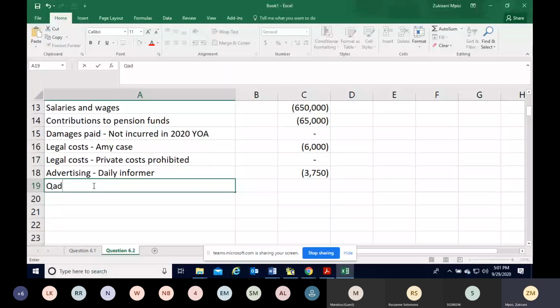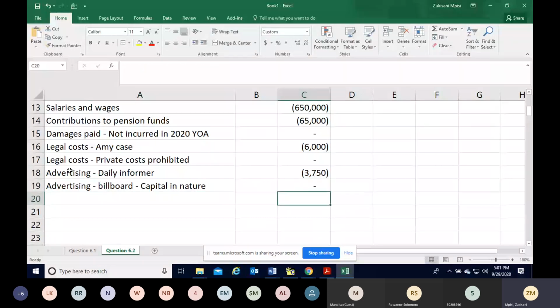So advertising billboard, it's capital in nature because we will have a longer benefit on it. So it's not deductible. So let us move on.